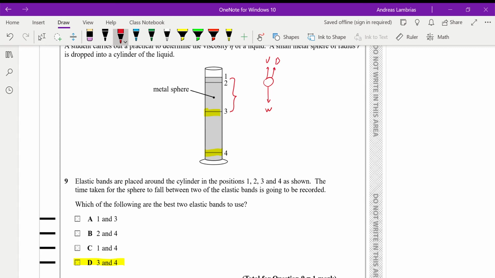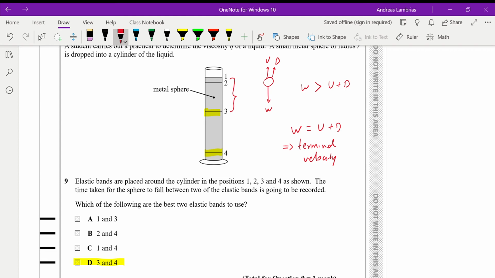At the beginning, the weight is greater than the upthrust and the drag force, but as it moves down, the drag force increases, and at some point it will reach a point where the weight will be equal to these two, and this is where the sphere reaches a terminal velocity. Once the sphere reaches a terminal velocity, it will move at a constant speed, and this is where we want to measure the time while it's moving at a constant speed.